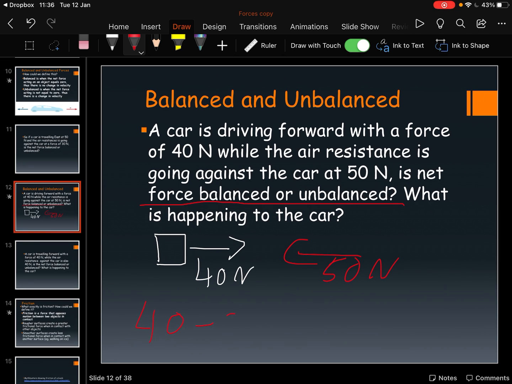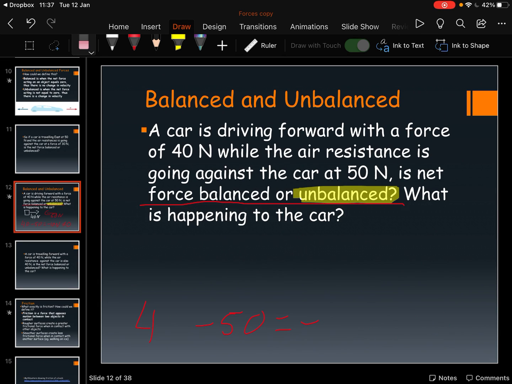So 40 minus 50 equals minus 10 newtons. So this does not equal 0. Because it doesn't equal 0, it's unbalanced. As a general rule of thumb, if the two numbers aren't the same, it's obviously going to be unbalanced. So that's our first answer there.